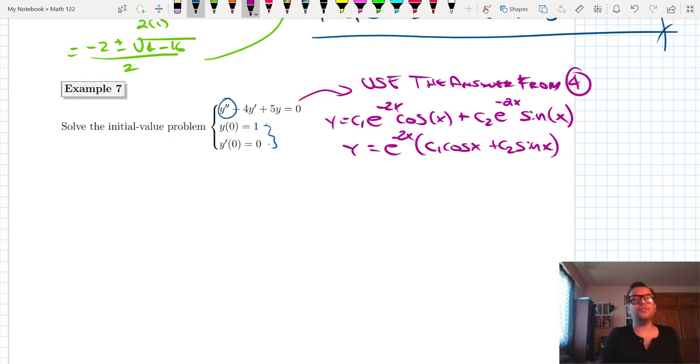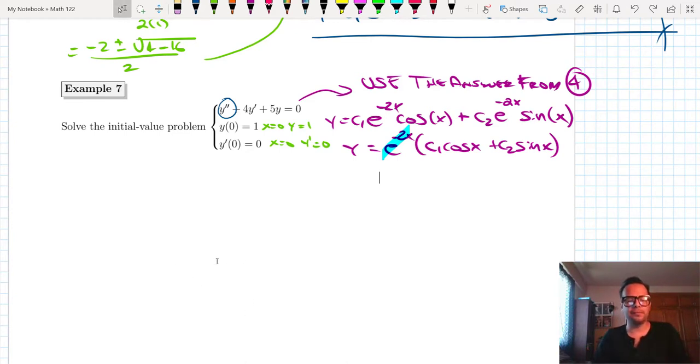All right, so I'm going to use the first condition that tells us that when x equals 0, y equals 1. And then when x equals 0, the derivative y prime equals 0. So we are going to need to take the derivative of that function. That's why I factored out the e to the negative 2x to avoid doing 2 product rules, while we can do only a single product rule.